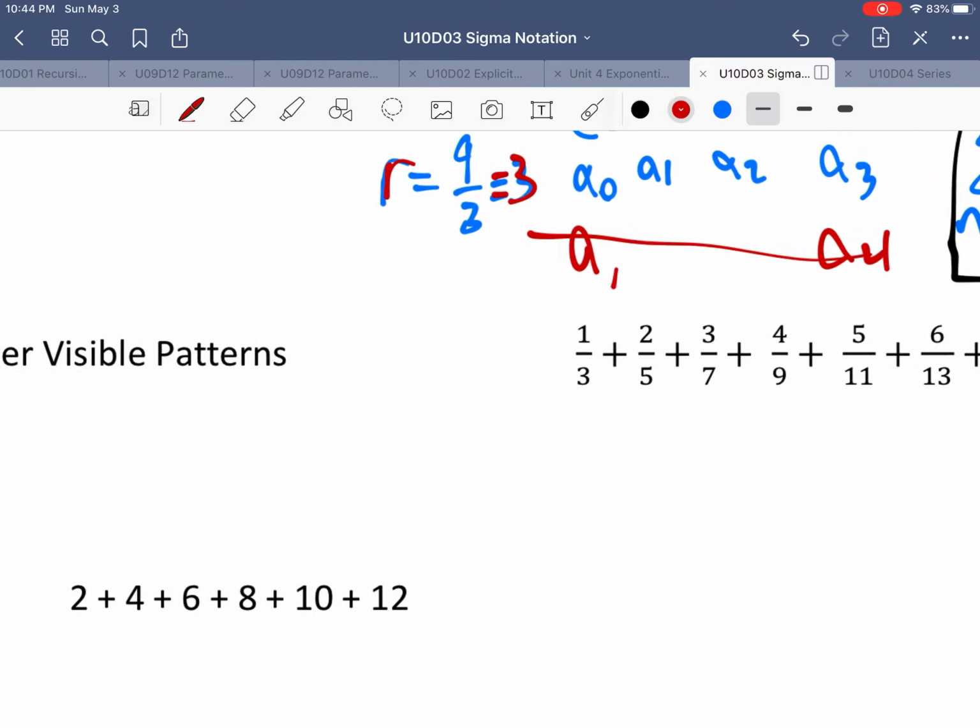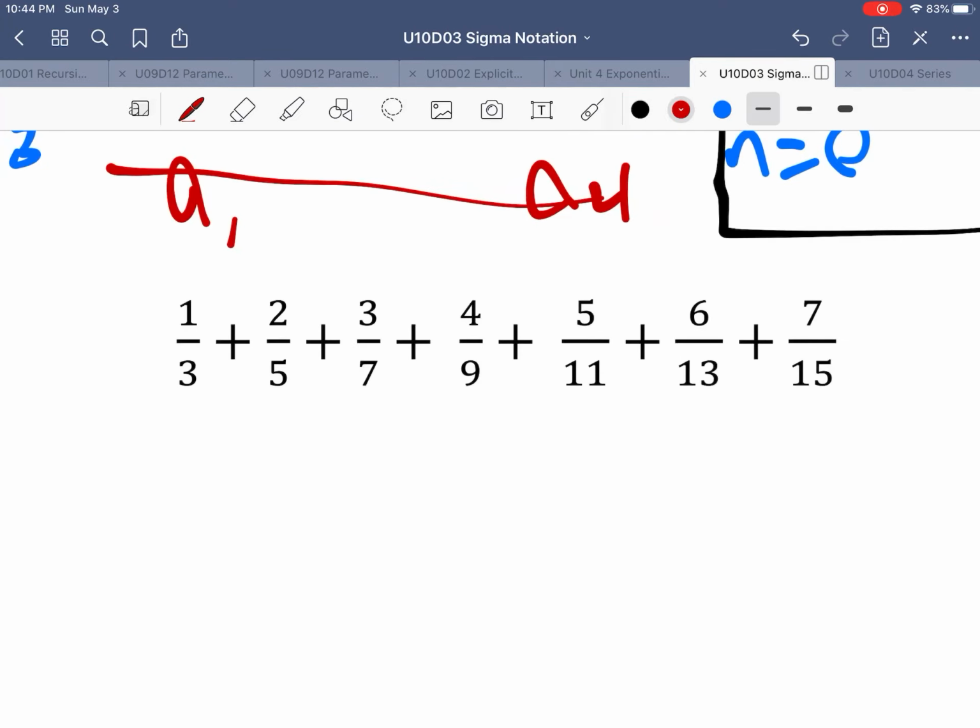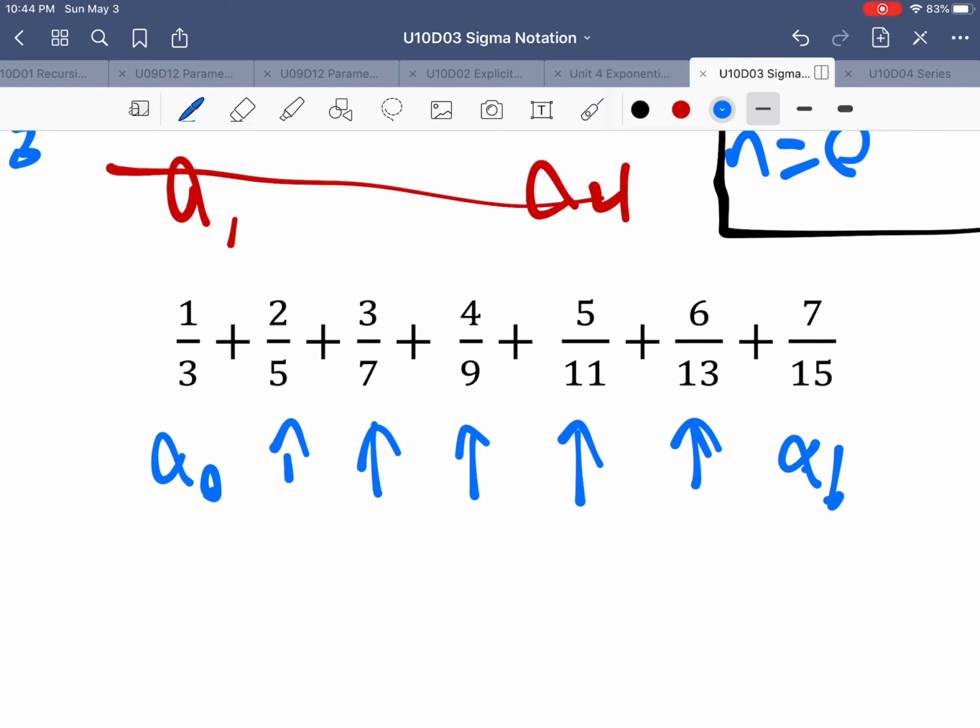Now, I included a special example, just another visible pattern, where it's not necessarily arithmetic or geometric, but it's not that complicated to figure out a rule. For this one, we'll say that our first term is a0, so the next one is term 1, 2, 3, 4, 5, a6.